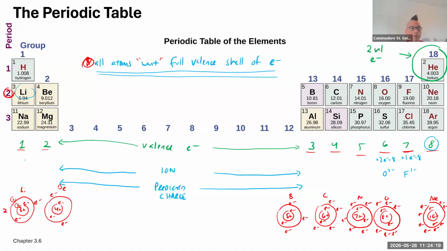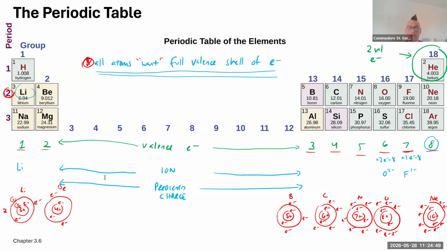Let's do lithium now. Okay, so lithium has a couple options, right? Lithium is either going to pick up 7 electrons, right, to get to 8, or it could lose an electron, right? So do you think it's easier for lithium to lose a single electron, or is it easier for lithium to find 7 electrons?